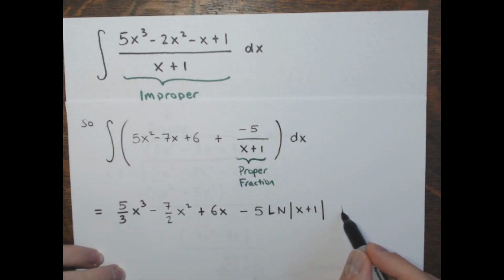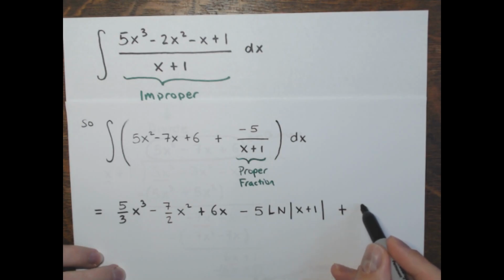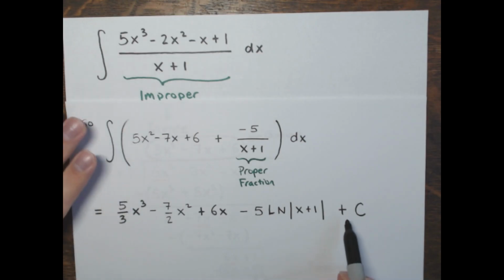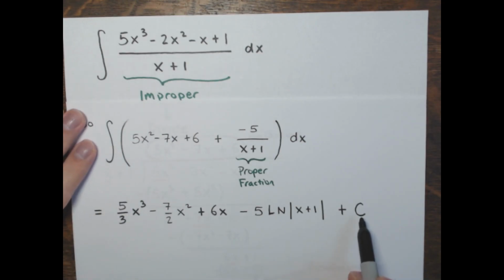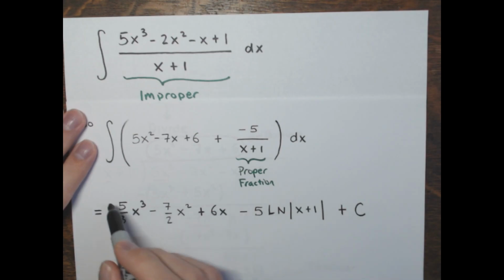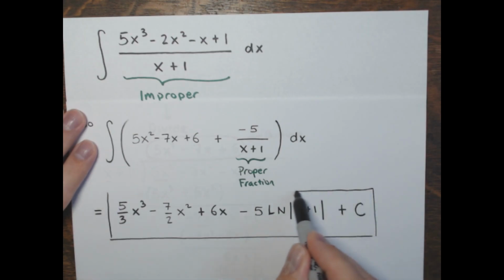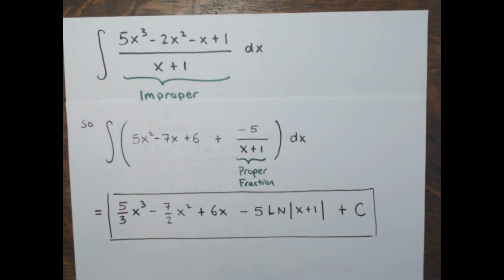And then, of course, with any indefinite integral, sorry, not improper, you can always throw on any constant here and it would still be an antiderivative. And there we have it. All right, so here's what I'm going to enter into my assignment.